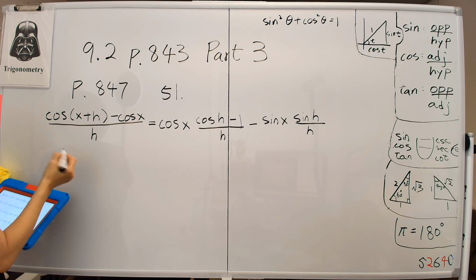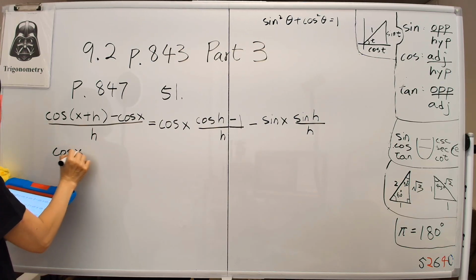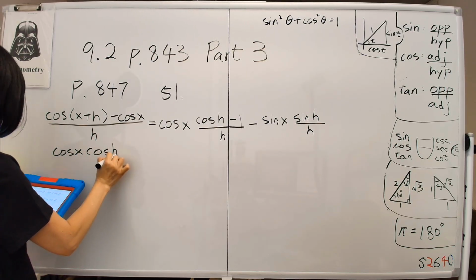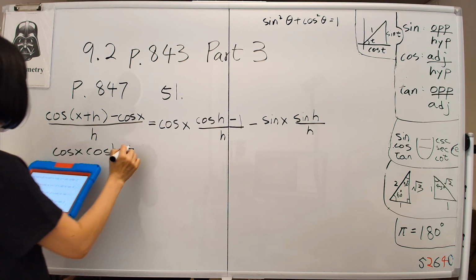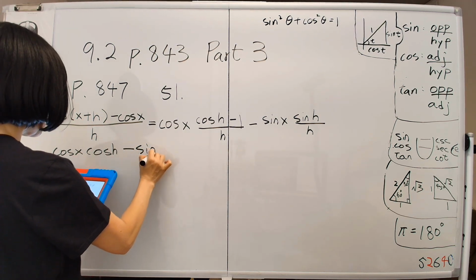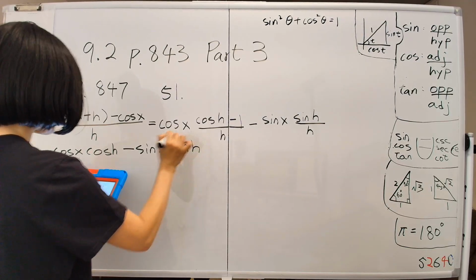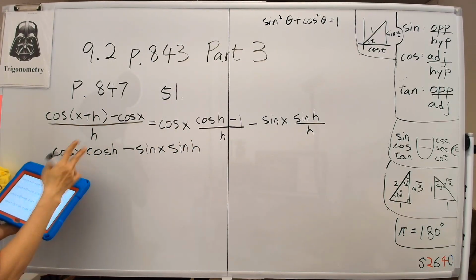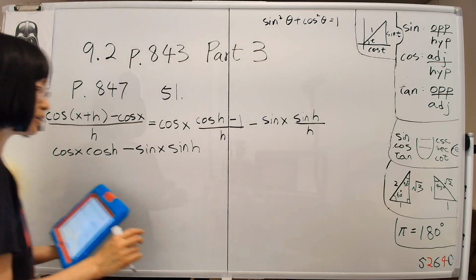By applying the cosine formula, it is equal to cosine of x cosine of h minus, that's a plus formula becomes minus, minus sine x and then sine of h. So x and h will be the two angles in here instead of alpha and beta. Okay, that should do it.